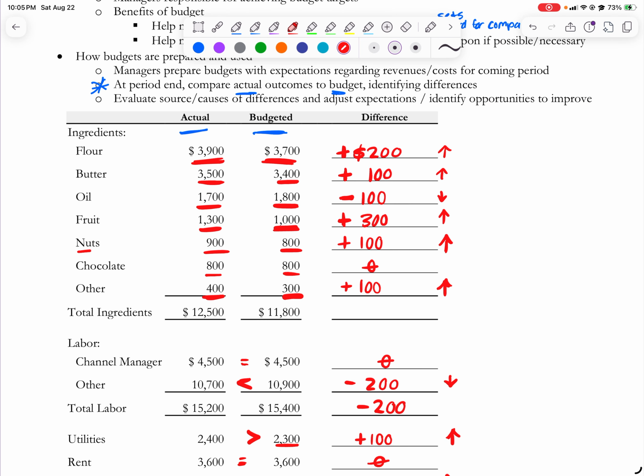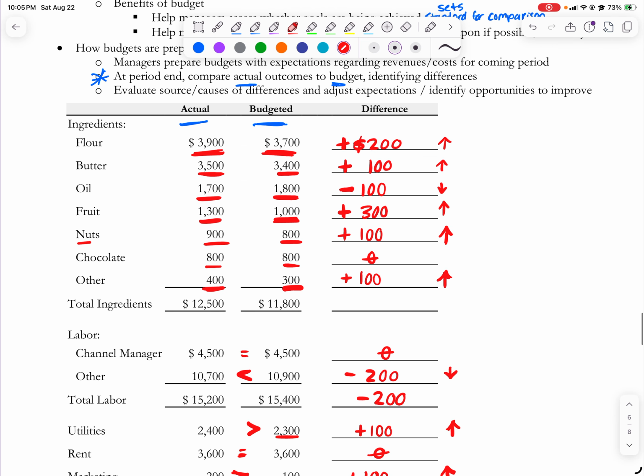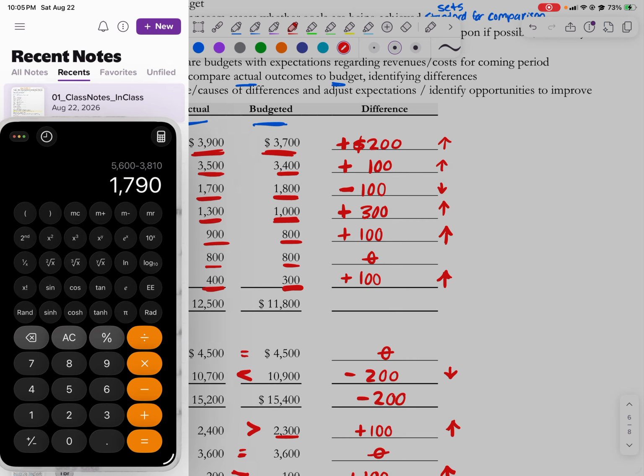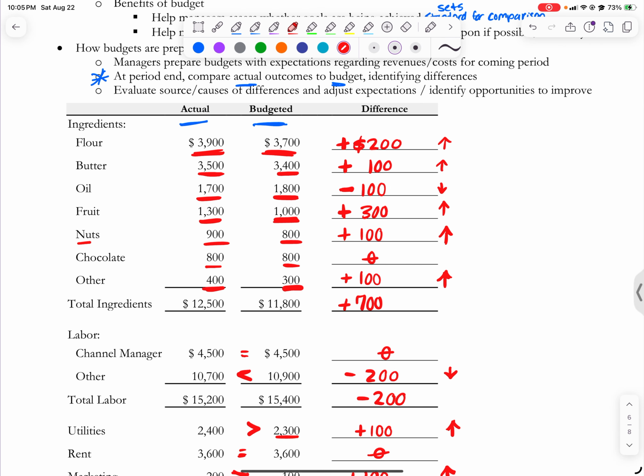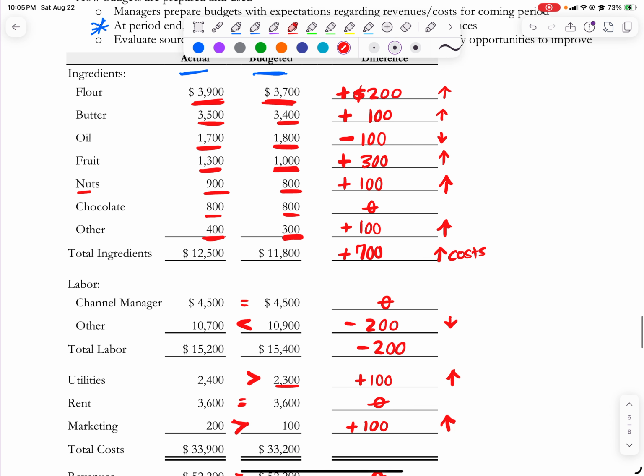Let's see what my total difference in costs were for ingredients. So 200 minus 100 plus 300 plus 100 plus 100. That is $700 higher cost.